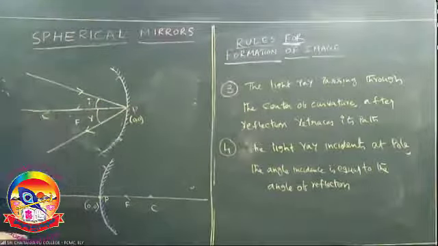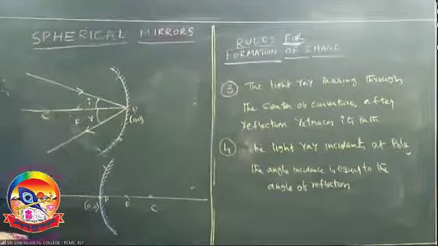Relation between the radius of curvature and the focal length in case of a spherical mirror. The final result we can apply for concave and also convex mirror. R is equal to 2F. R is the radius of curvature, F is the focal length. Have a snapshot.